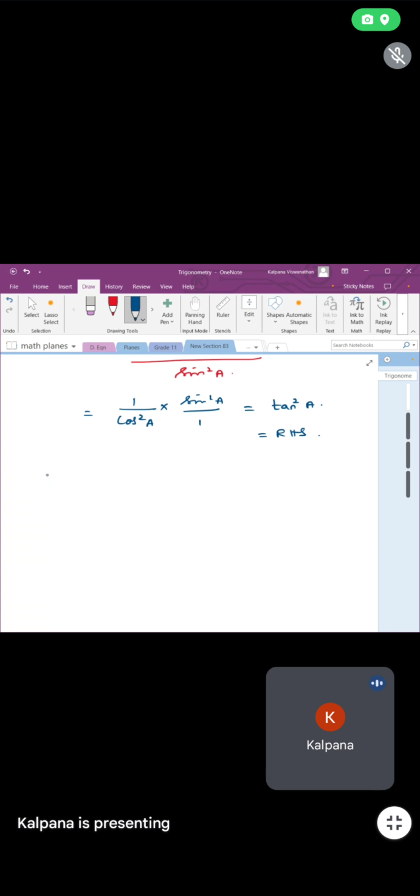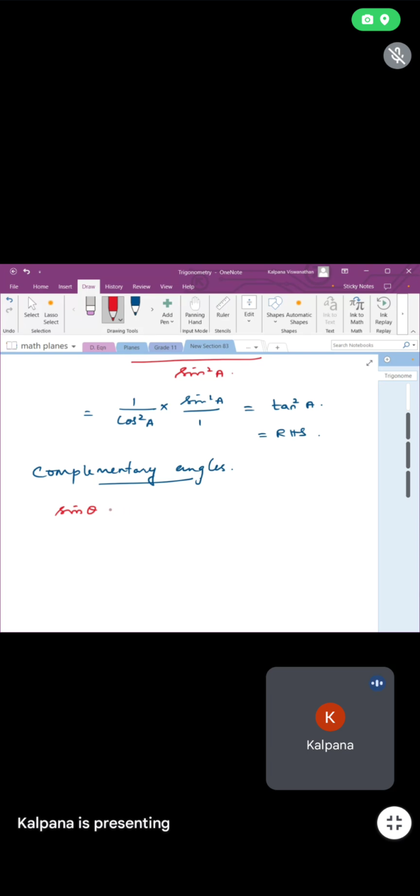Now, what are complementary angles? What do you mean by this? Just 90 degrees. When you add two angles, or when you add two numbers, you get 90, that is complementary. So under trigonometry, sine theta and cos theta are both complementary.